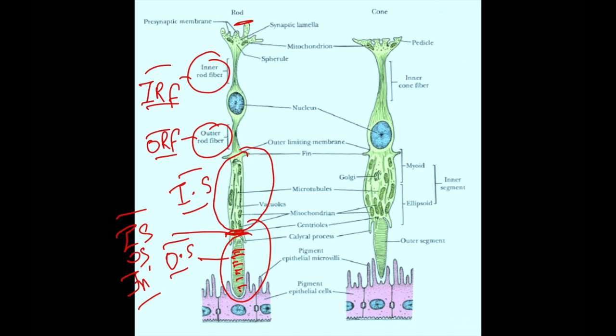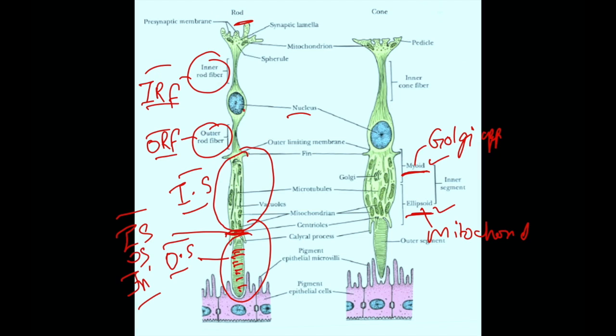The inner segment of the cone has two parts. One is the myoid, the other is the ellipsoid. The same can be applied for rods, but we commonly use this term for cones. The ellipsoid contains the mitochondria. The myoid contains the Golgi apparatus. Okay.